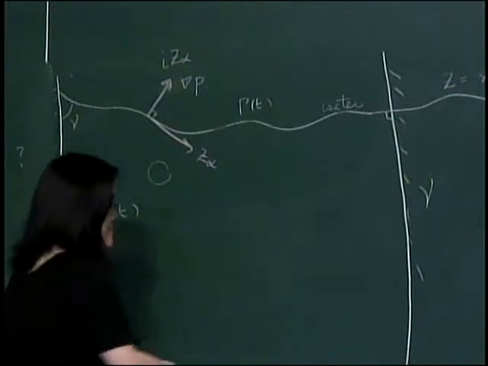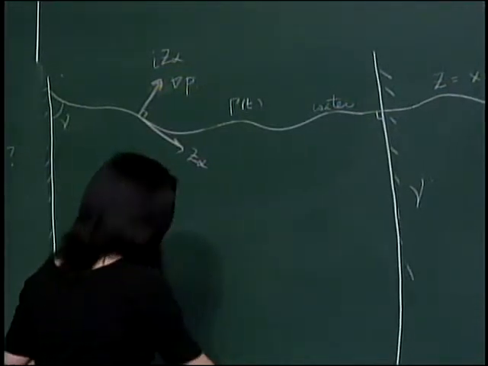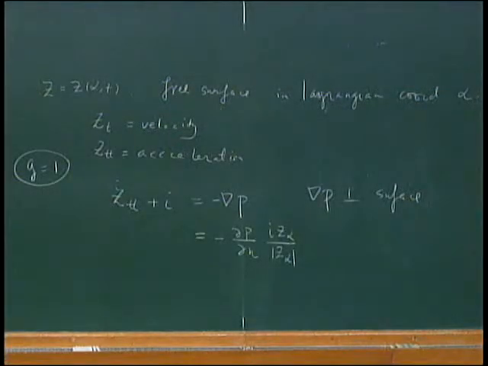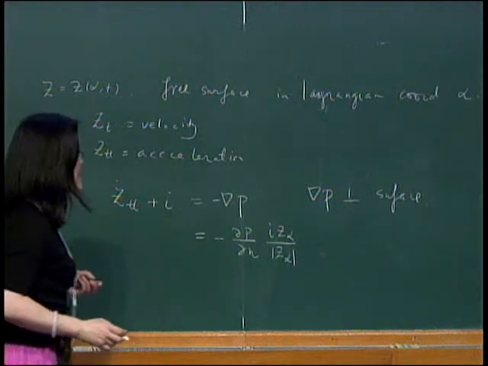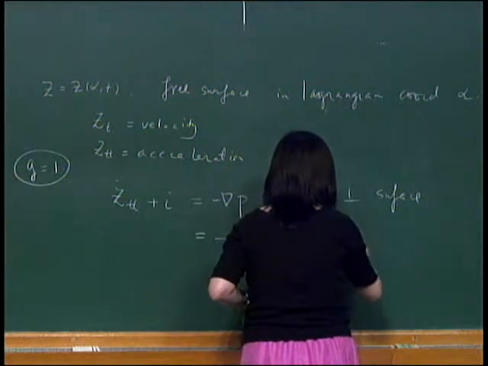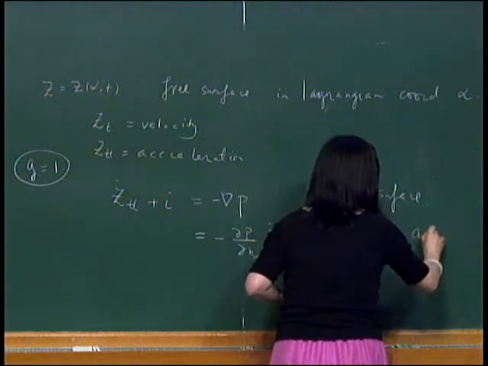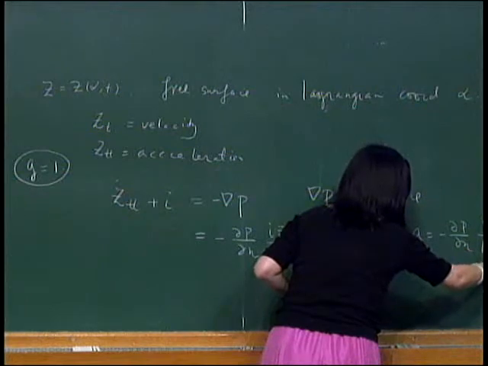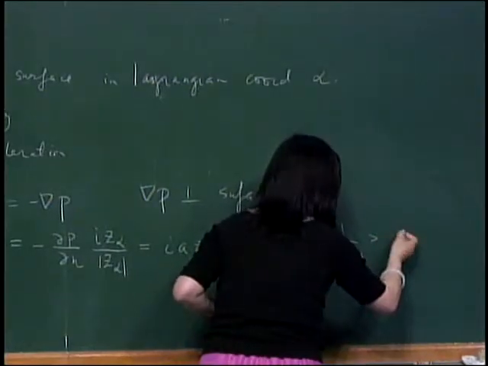And i Z_alpha precisely is the outward normal. So we can precisely write like this. And we have shown that negative dP/dN is positive, and that's good news. So I just write this as i A Z_alpha, where A is negative dP/dN times 1 over |Z_alpha|, and we know this is something strictly positive.